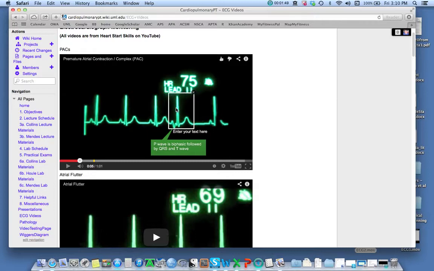But they're generally considered to be relatively benign, unless there's some pathological process precipitating them that worsens. Typically you might have a few and then they go away. If you've ever been told you have a skipped beat or an extra beat, this might be the underlying cause of that scenario.